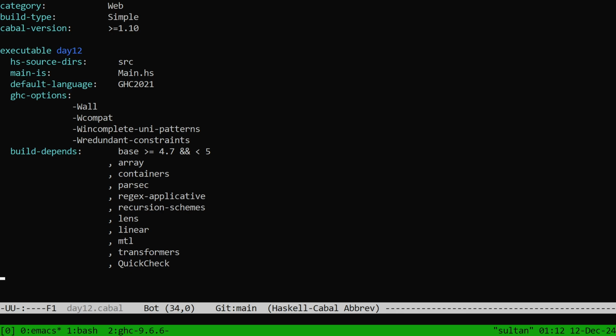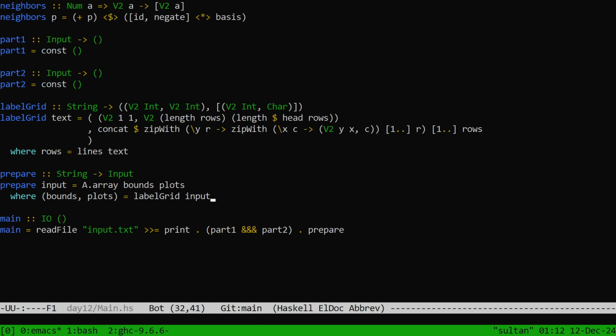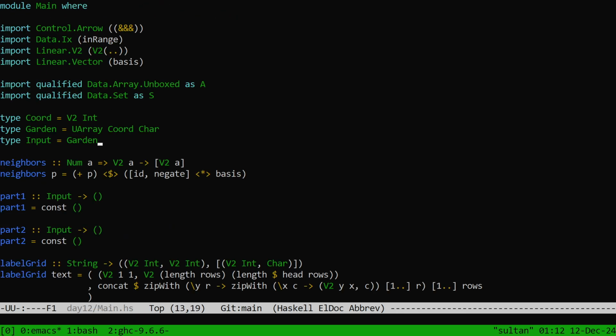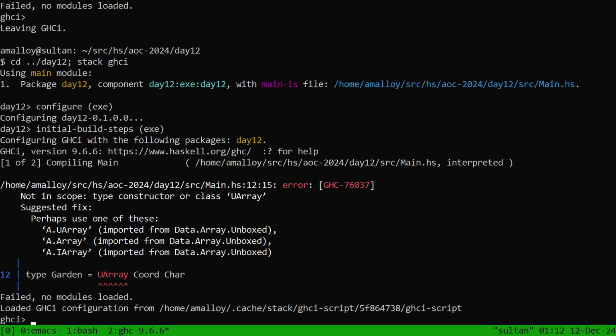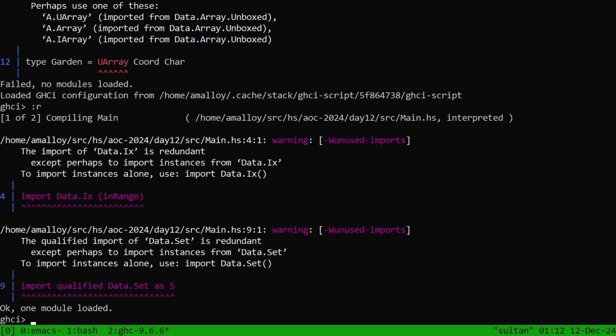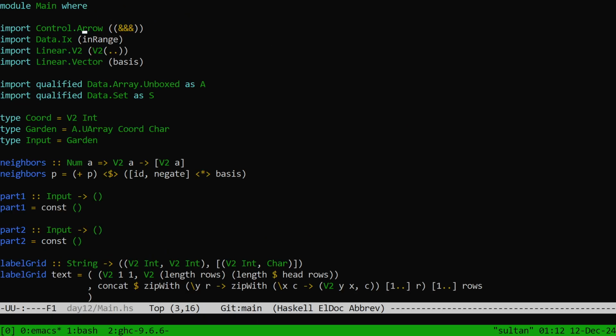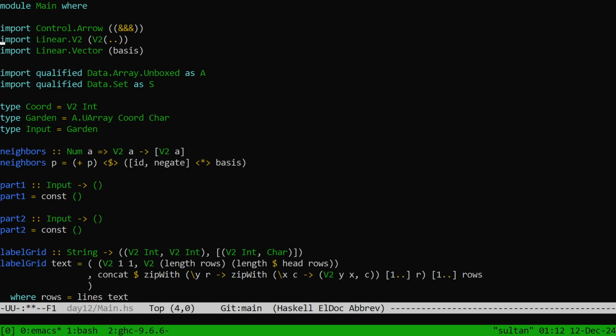I'm not going to delete the carriage return out of every Cabal file, but at least when I'm editing it, I should do that. Good. So we're not using sets or inRange. Oh, and actually, I can take inRange from array since I am actually importing it after all.